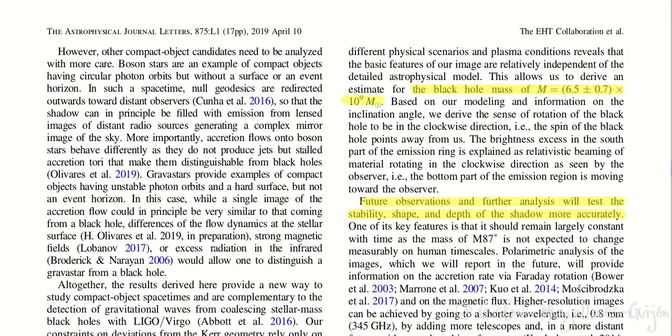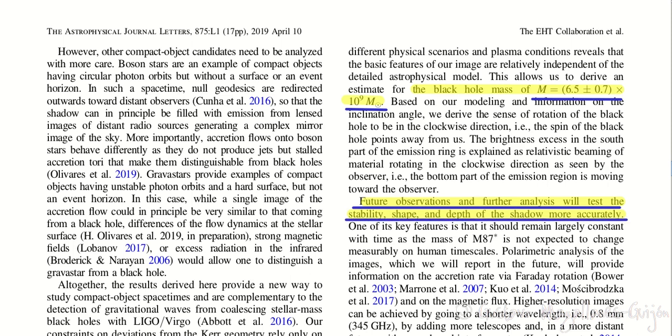The black hole mass is 6.5 times 10 to the 9 solar masses, and in the future, future observations and further analysis will test the stability, shape, and depth of the shadow more accurately.